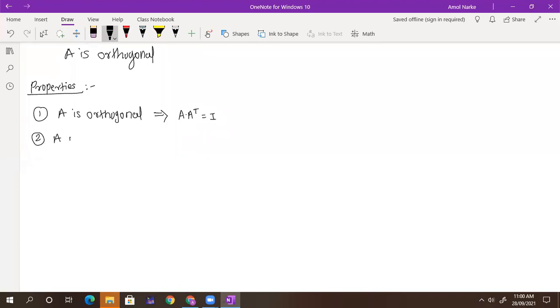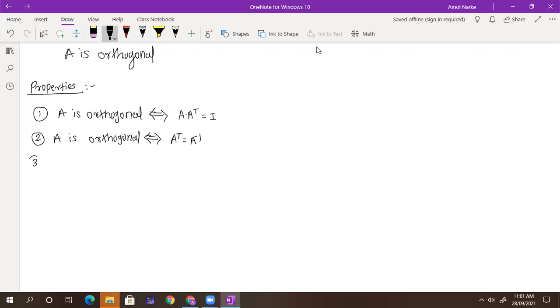Again, if A is orthogonal, this implies A transpose is equal to A inverse. Okay. And this condition is vice versa also. It means if A into A transpose is equal to identity matrix, then A is orthogonal. Both conditions come from the same statement. So if A transpose is equal to A inverse, that time also A is orthogonal.